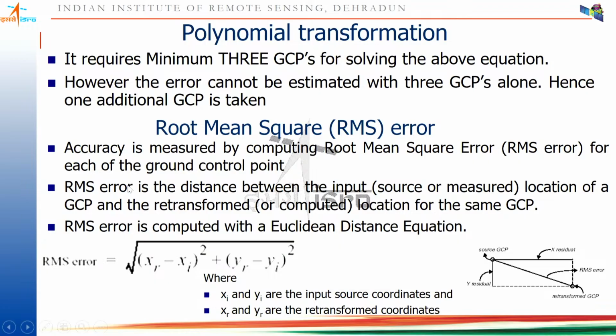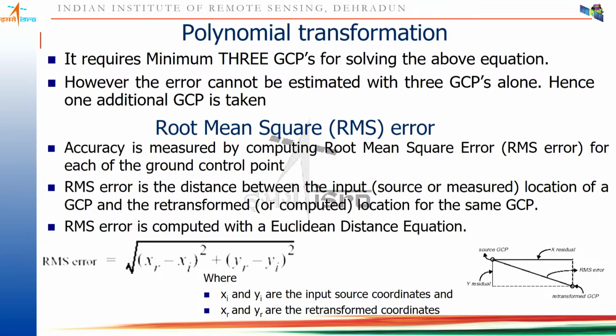So accuracy for this transformation can be measured by computing the RMS. What it actually is: this is my source ground control point, that means the ground control point which I have measured using a GPS or a map, and my computed equation has given the coordinate as here. So this is the difference between the computed position and the actual position of the ground control point.